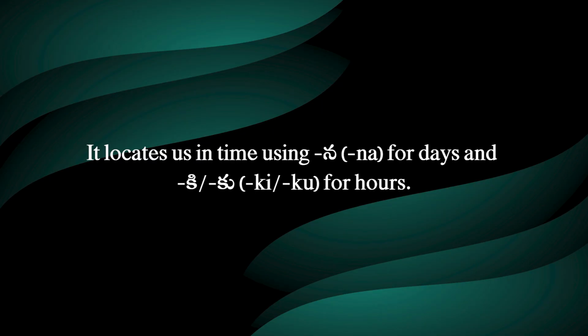We discovered that the locative case extends far beyond physical space. It locates us in time using na for the days and ki or ku for hours. It locates value on a price scale, subsets within groups, and proficiency in abstract subjects.